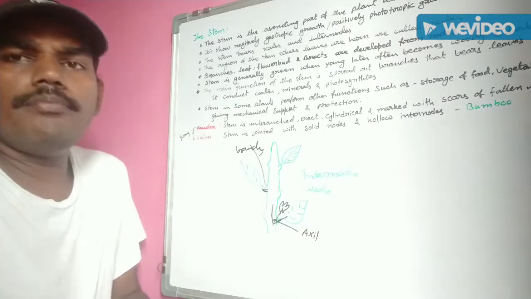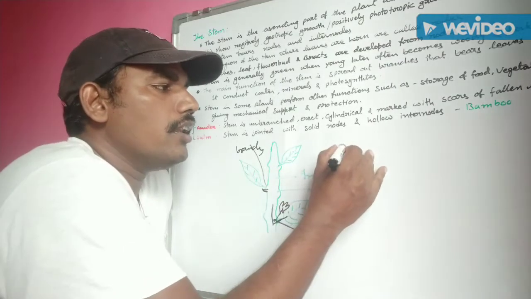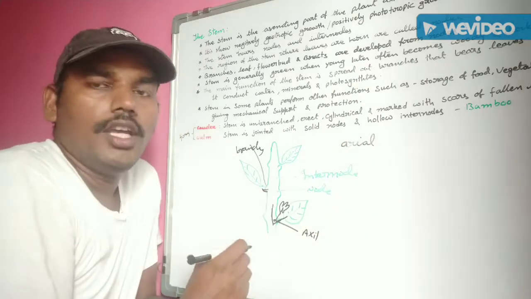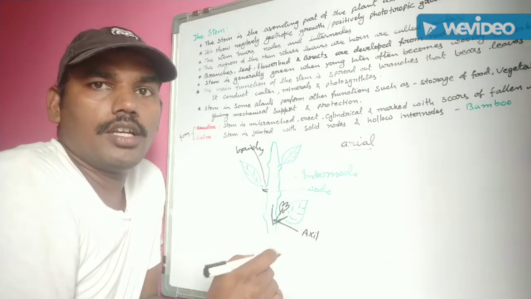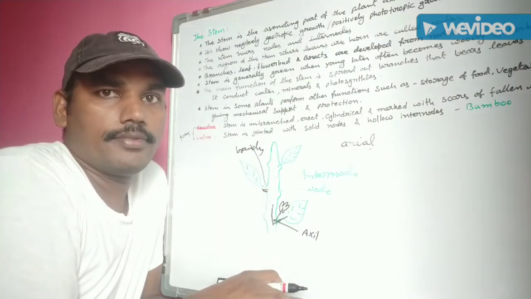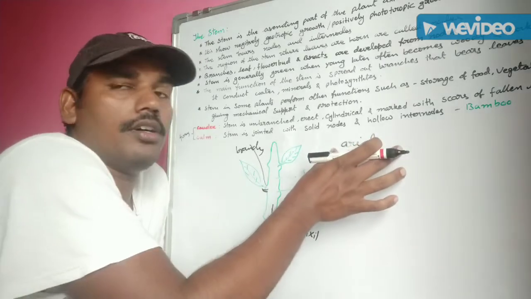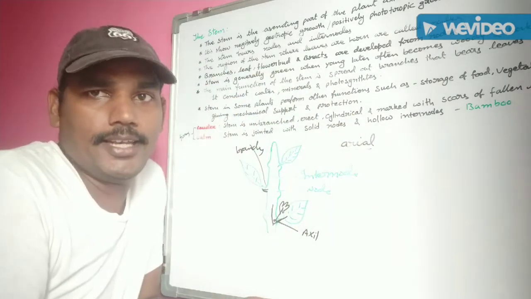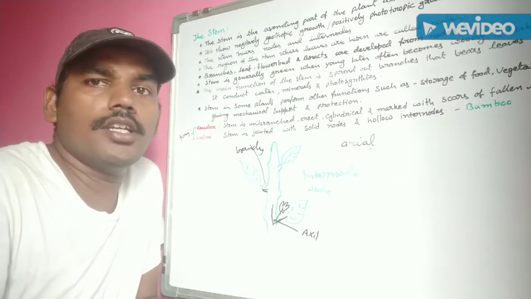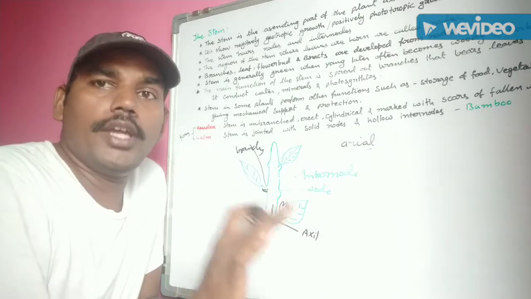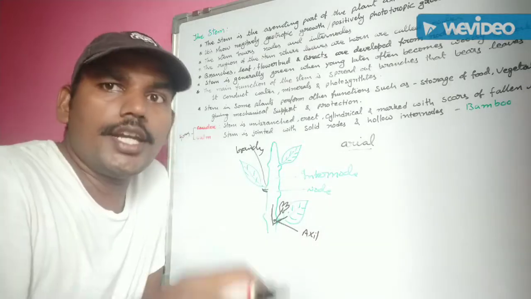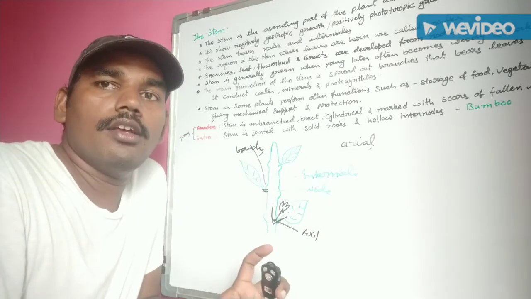Next, the stem is generally aerial. Aerial means exposed to the air. This type of part is known as aerial. Underground means not exposed to the air, but penetrating into the soil.